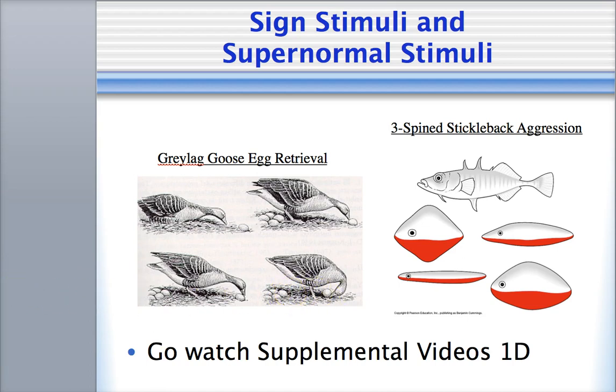But what's so interesting, and interesting not only about the sign stimulus, but the supernormal stimulus, is how little like an egg that item has to be to provoke this behavior. It really just needs to be kind of egg-sized and near the nest when a bird's sitting on it.